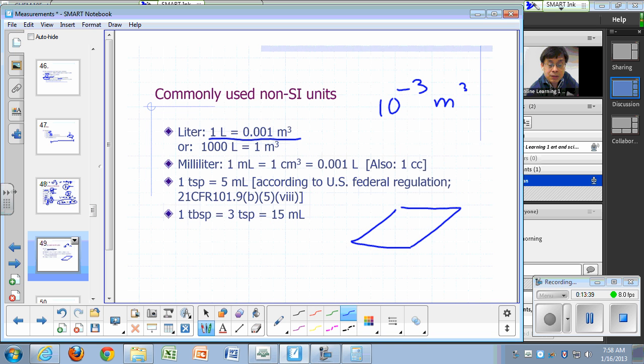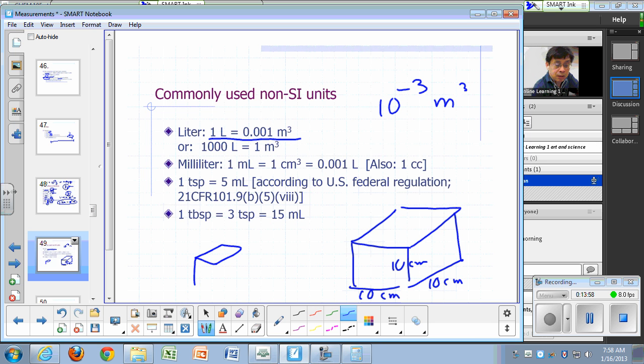If you imagine you have a cube, and each side is 10 centimeters. What's the volume of a cube? Volume, length times width times height. 10 times 10 times 10, that's 1 liter. Okay? So 1 centimeter cube is called a milliliter. If you have a cube that's 1 centimeter on each side, 1 cubic centimeter is a milliliter.